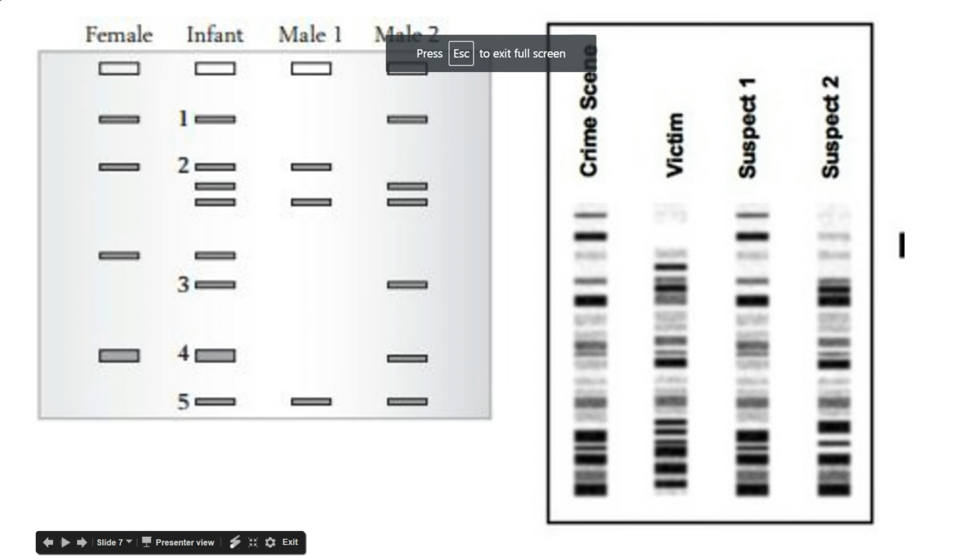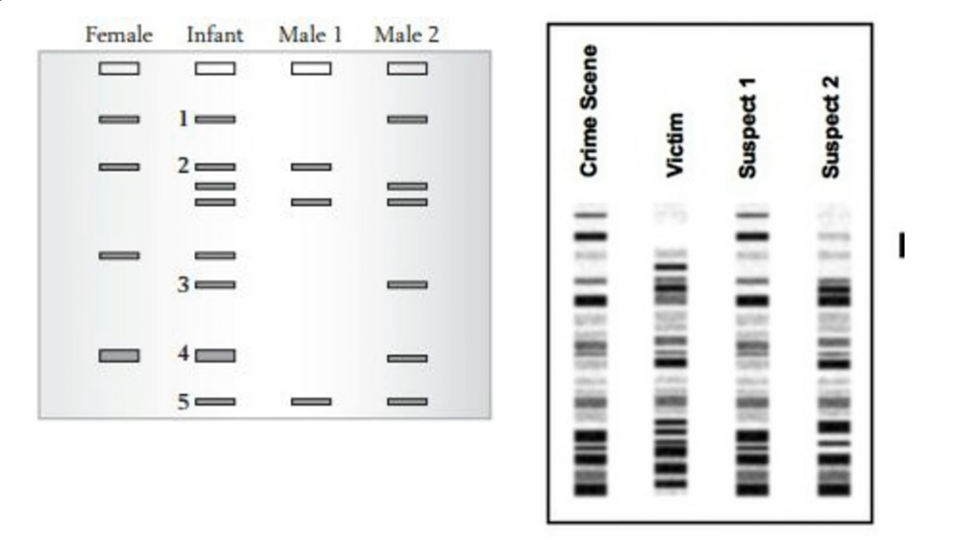So let's look at something here: crime scene analysis and paternity tests. Let's say you have a mom. She has a baby. Obviously the baby is hers, right? It came from her. But if we don't know who the dad is, we can use this same idea of restriction enzyme and gel electrophoresis to try and make some conclusions.